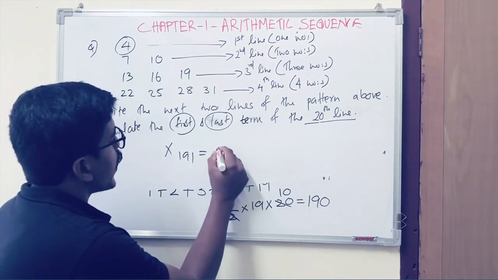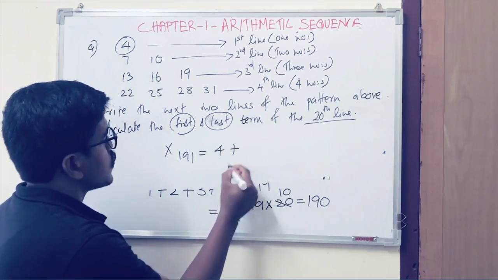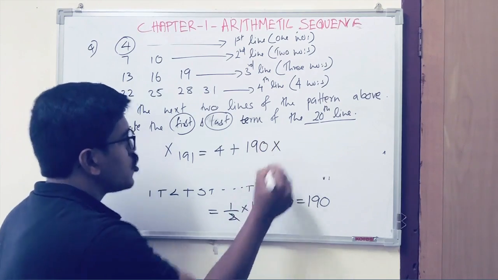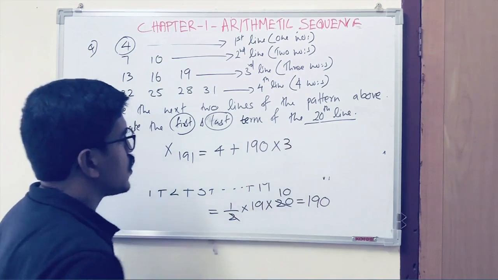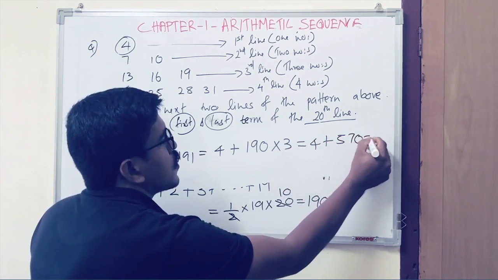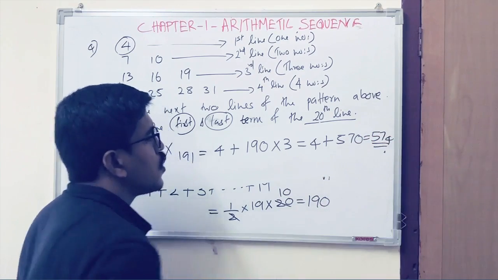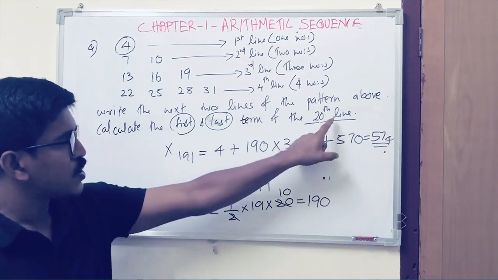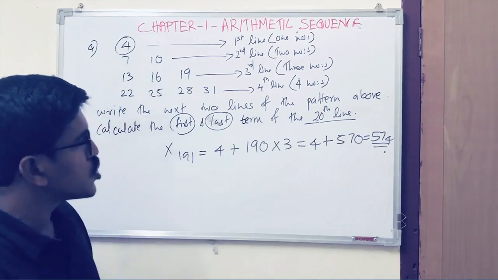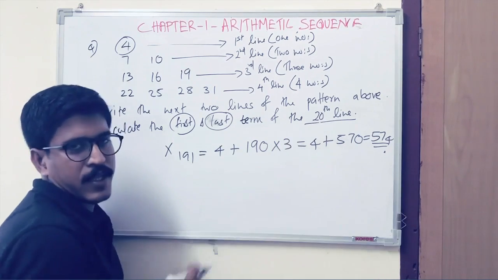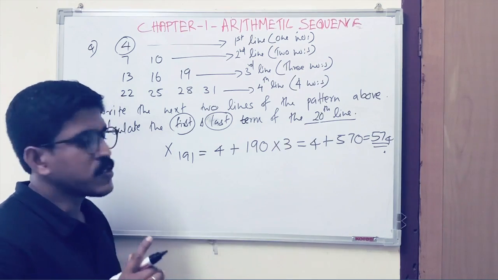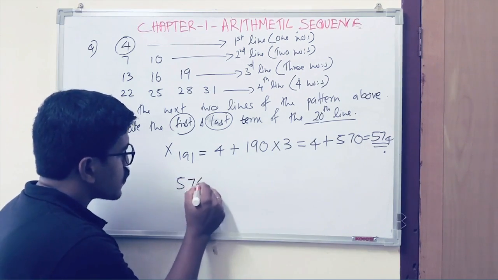Now we can calculate: x1 is 4 plus (n minus 1), that is 191 minus 1, that is 190, into d, the common difference, which here is 3. That is 4 plus 570, that is 574, the first term of the 20th line. Now we can calculate the last term of the 20th line easily. All of you know that in the 20th line 20 numbers are there. The first number is 574.